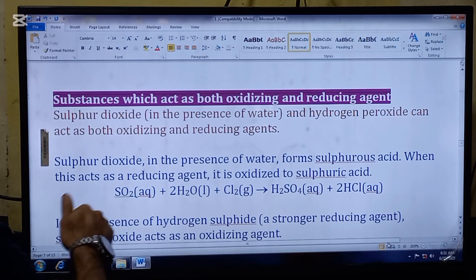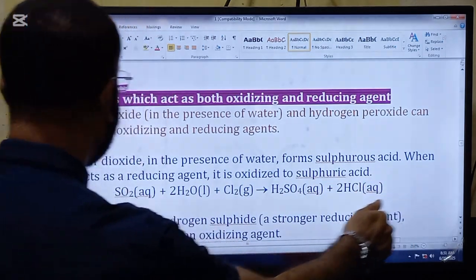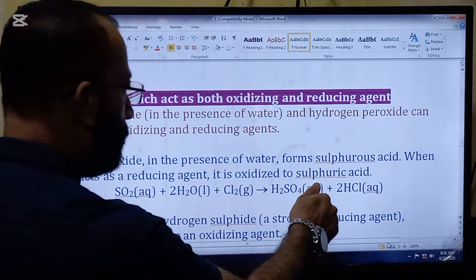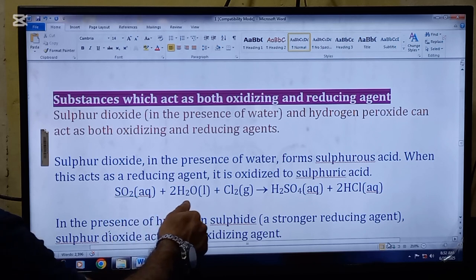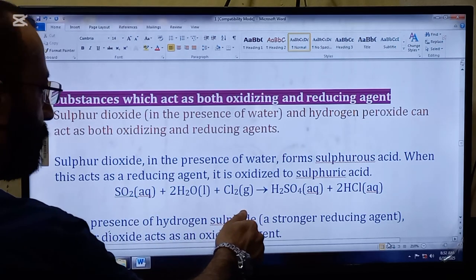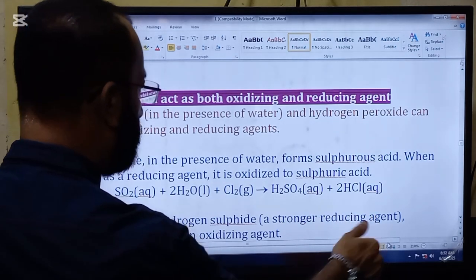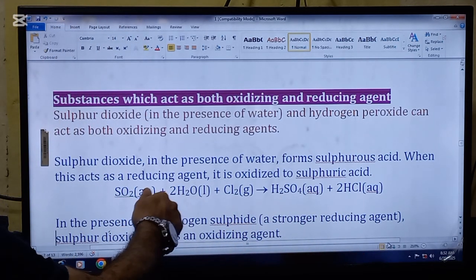Sulfur dioxide in the presence of water forms sulfurous acid. When this acts as a reducing agent, it is oxidized to sulfuric acid. So look now, SO2 plus 2H2O plus Cl2 forms H2SO4 plus 2HCl. So in this case, it is acting as a reducing agent.